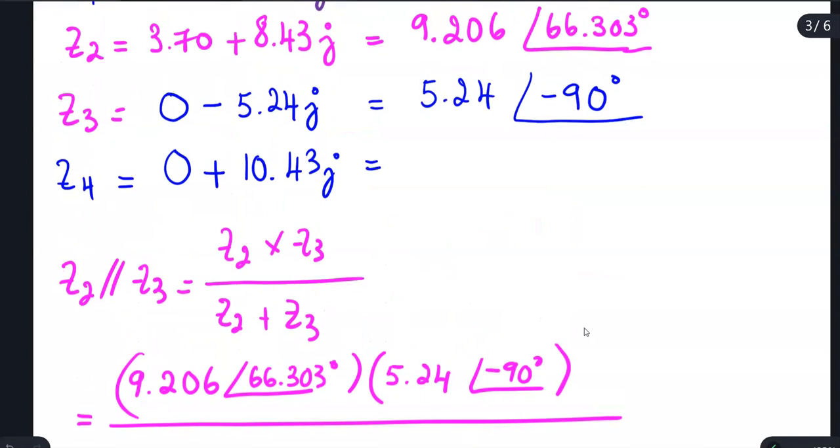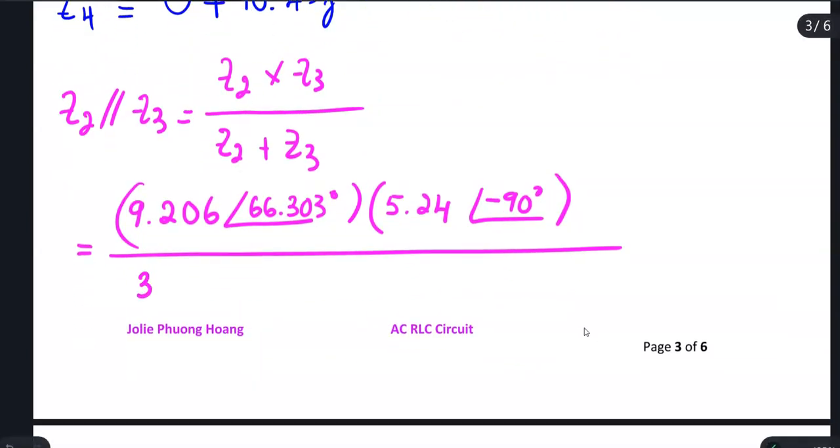So rectangular form of Z2 is 3.70 add that with 8.43J.